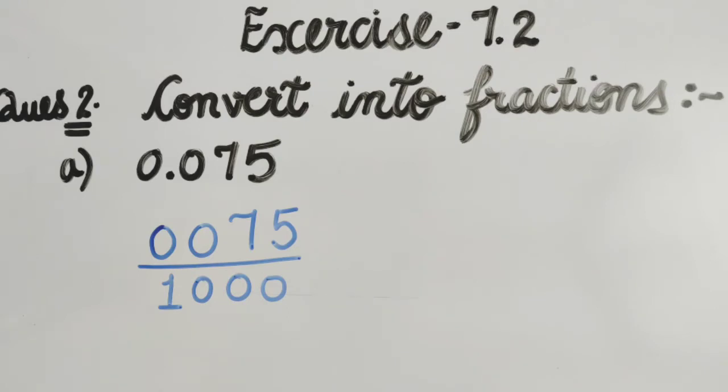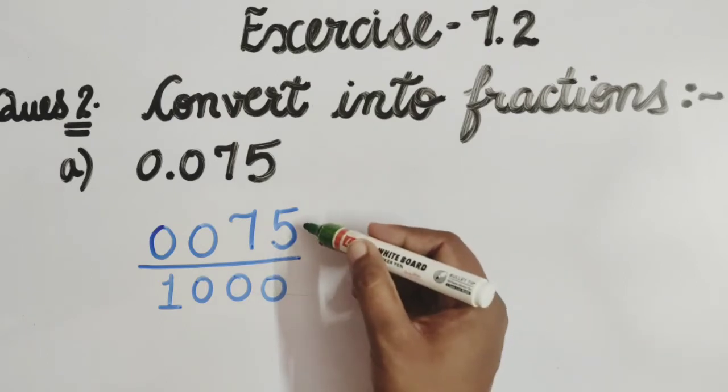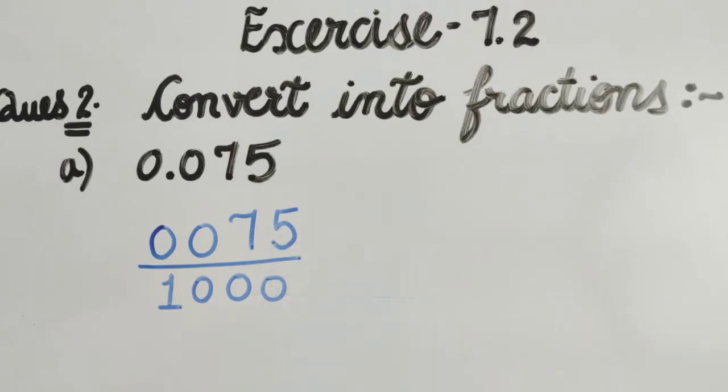This we have already studied in our 6th chapter, how to convert a fraction into its lowest form. So there are 2 ways. First way, students, we have to find out the HCF of the numerator and denominator. There are 2 steps to convert into the lowest form.